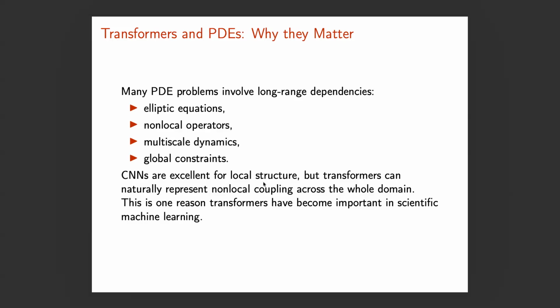RNNs and CNNs are good for local structure, but transformers can naturally represent non-local coupling across the whole domain. That's why transformers are being used more and more in scientific machine learning. One of the big areas of application is language models and translation, but in the last few years there's been a lot of attention on using transformers in scientific machine learning.